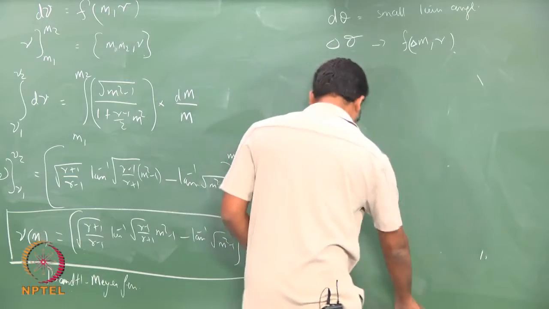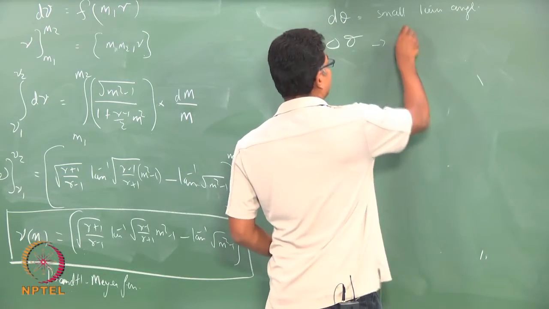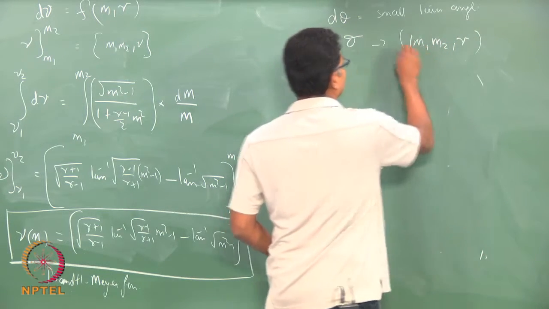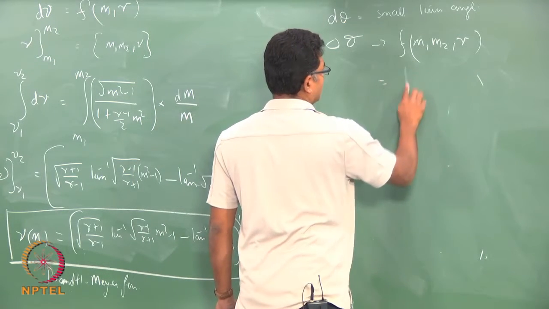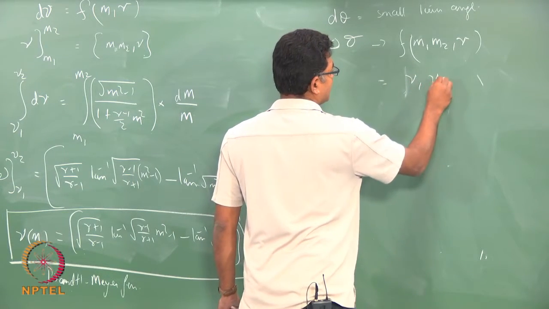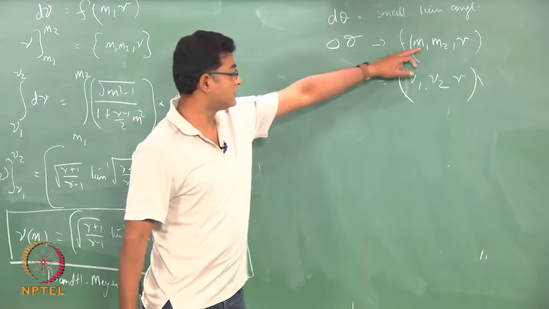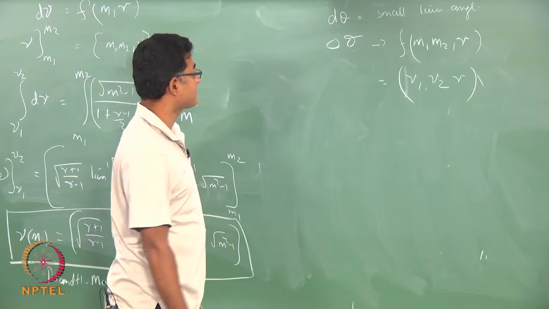Delta m is a function of m1 and m2, which depends only on my m1, m2 and gamma, which we have now defined as nu 1 and nu 2 and gamma.